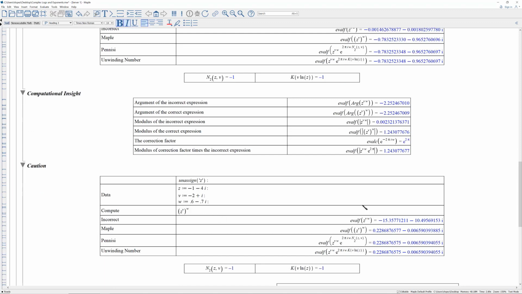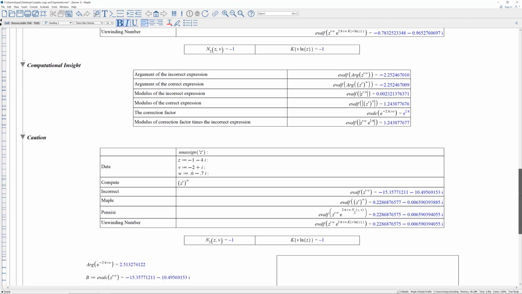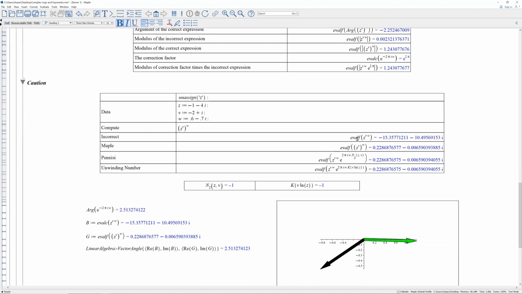So as we did earlier, we investigate the role of w in producing such nice correction factors. So we take w to be 0.6 minus 0.7 I, and run through the computation again. If you distribute the exponents or multiply the exponents incorrectly, you get this answer. There's no way of telling whether that's right or wrong. So here I've done it in Maple, with correct use of parentheses and so forth. You get this answer. Incorrect procedure here with the correction factor a la Panizzi, you get the same thing that Maple got.